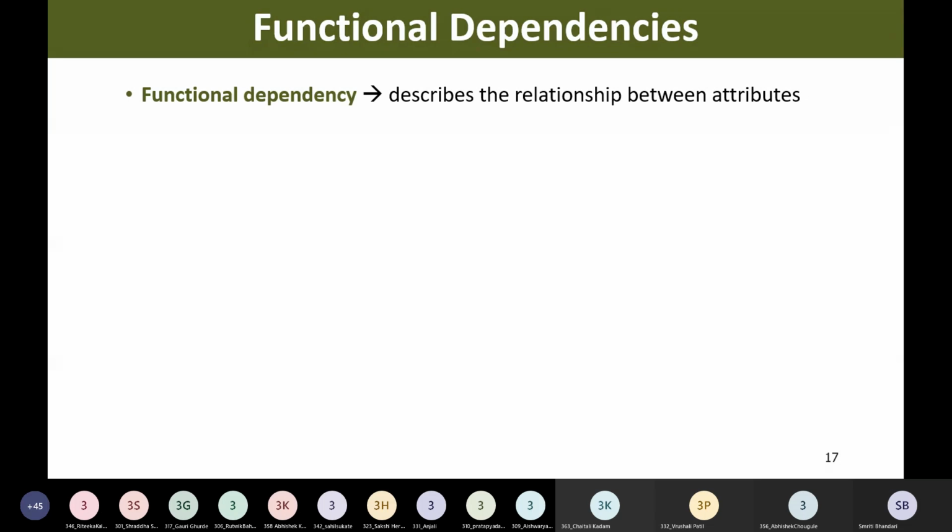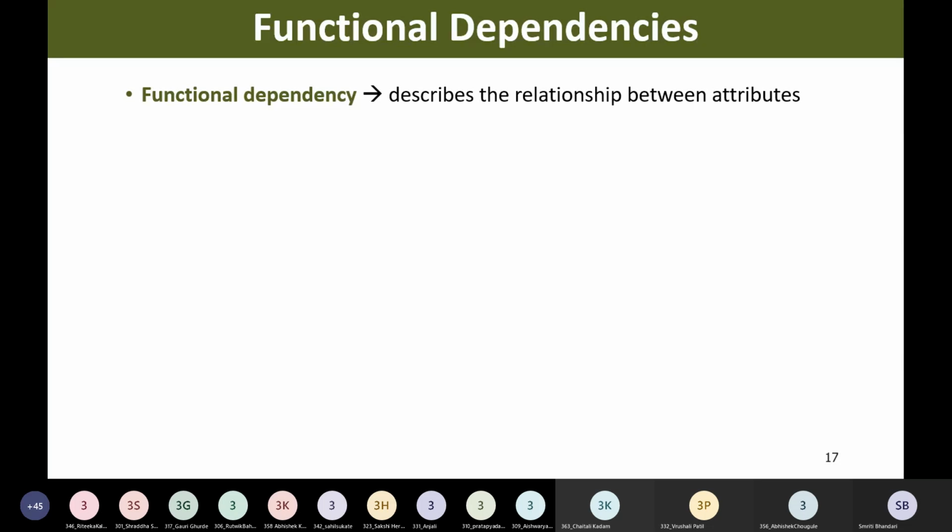Functional dependency describes the relationship between the attributes. It is a property that describes the meaning or semantics of the attributes in the relation.